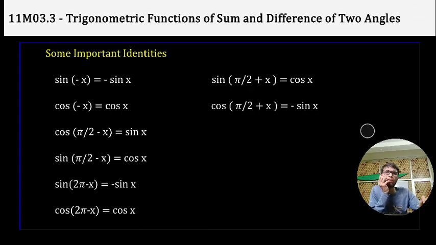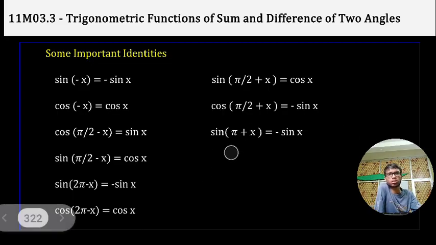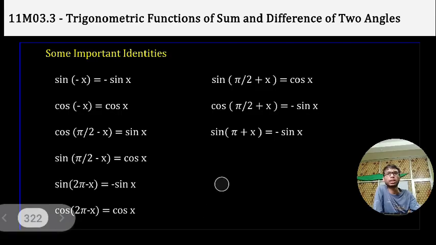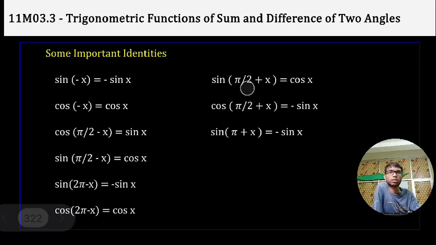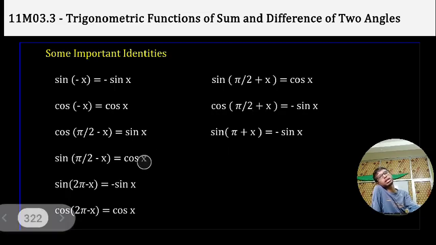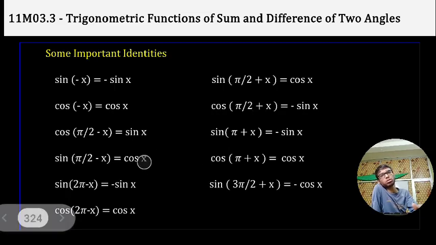These are some important identities. Here we are observing a pairing of sines, and this is a pairing of sines. Here you can see, if we are adding any angle with 90 or 180, then in that case we will change the sign. For example, here this pi, we are getting sine cos, sine cos.